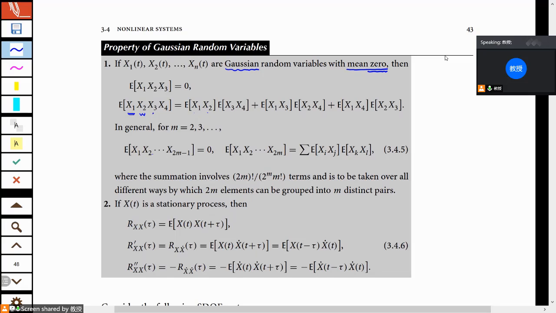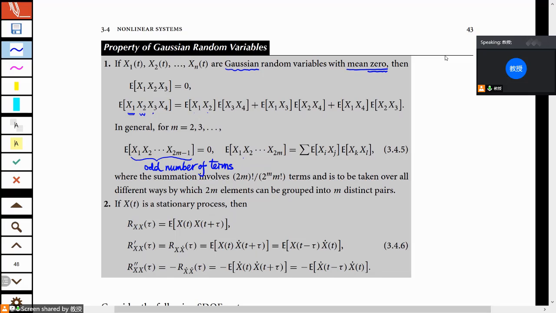So in general, if you have an odd number of terms, the expected value is 0. So for example, if you have 3 terms or 5 terms, then the expected value of the product is 0.